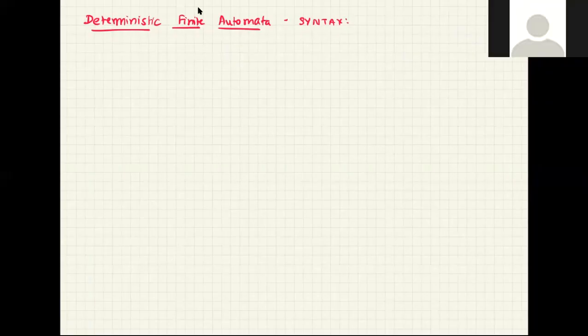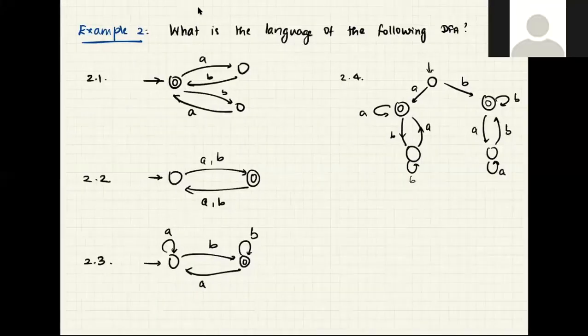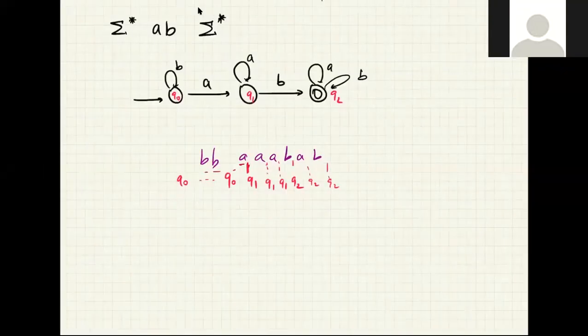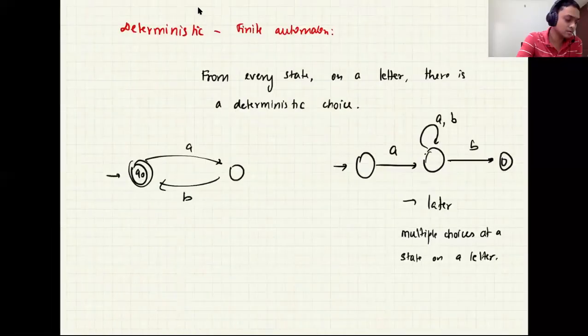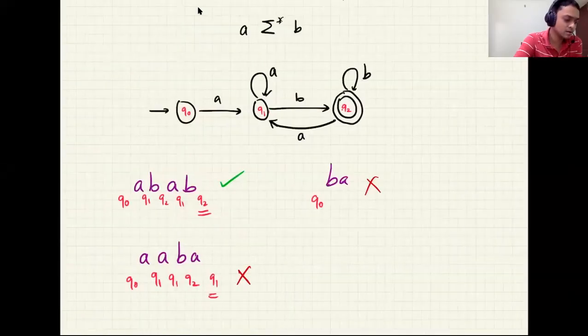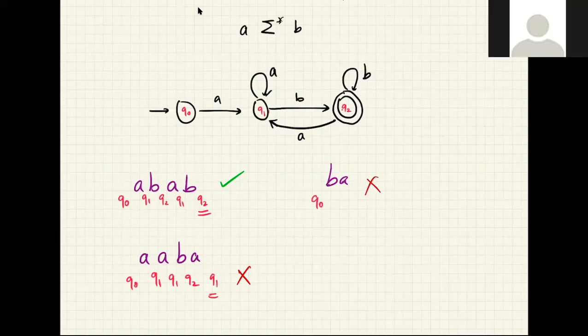Sir, for one second, could we go back to the previous example 1.2? That was A sigma star B. Here, the transition from Q0 taking A, is that redundant?